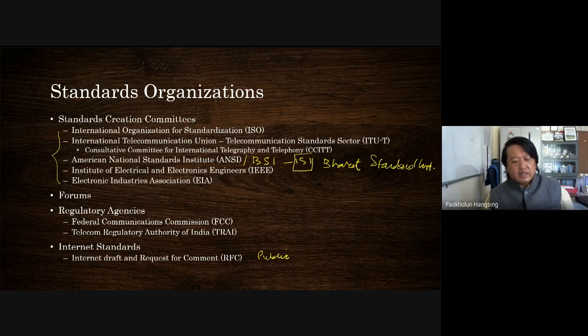So that way, internet standards also improve and keep on evolving. So these are some of the things about protocols and standards. So with this, we have come to the end of today's class.